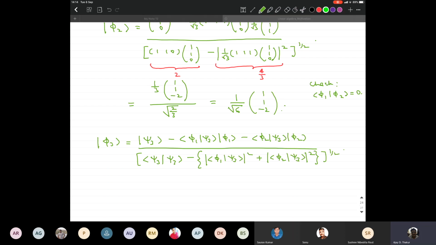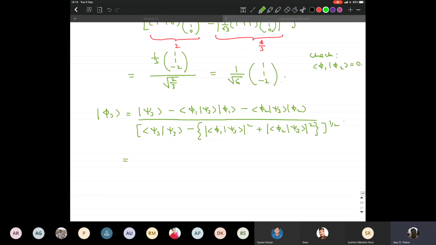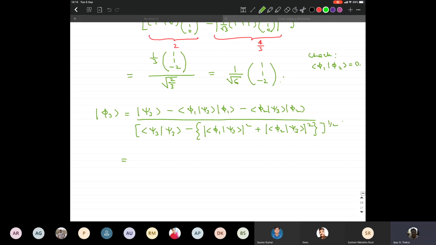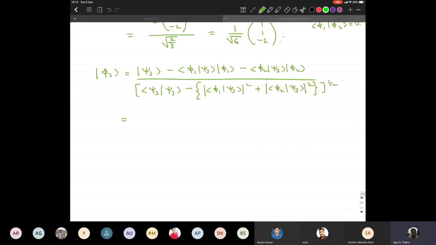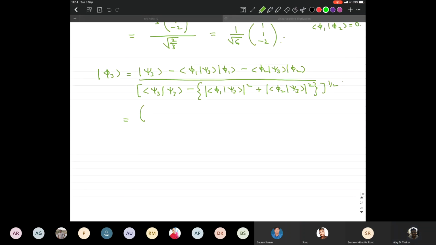Right. So that put in action is going to look like we'll have a psi3 which was 101 if I recall. Yeah, 101. So therefore you will have a 101 minus, now you are going to have phi1 phi3 of phi1.